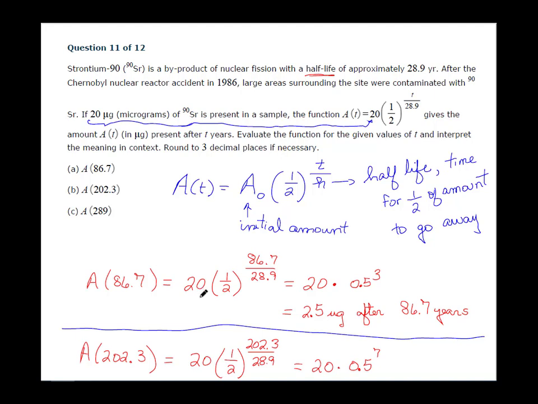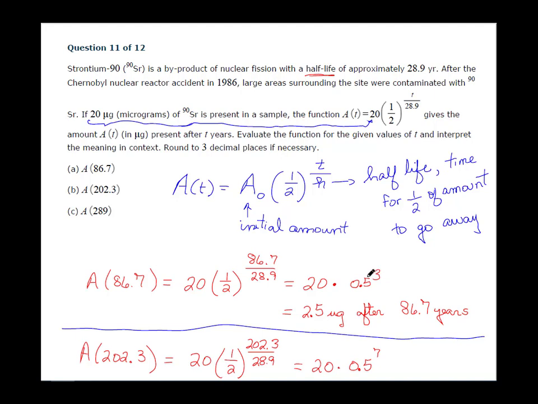All right, and they want it to be 86.7 years. Well, if you do this calculation, 86.7 divided by 28.9 is perfectly 3. That means that 3 cycles have gone by.